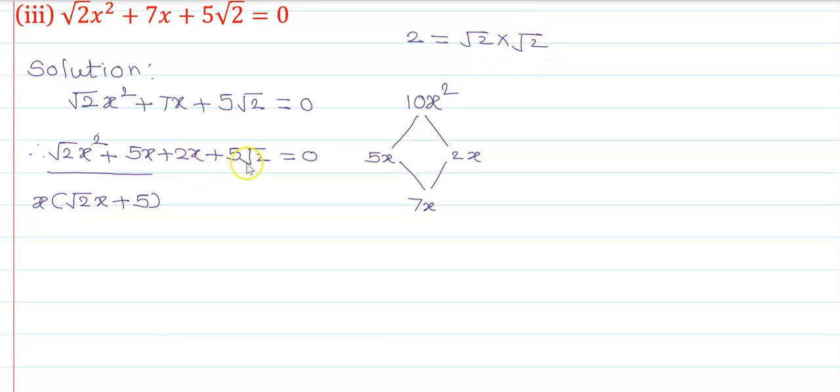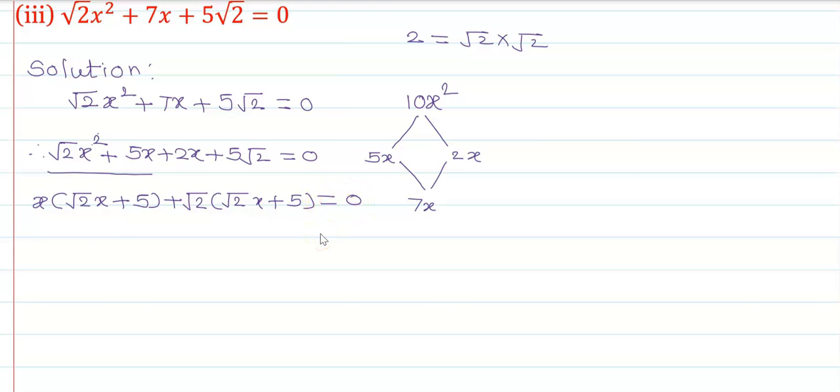And therefore, from these two, we take root 2 as common. If we take one root 2 from here and one root 2 here, then this 2 means root 2 into root 2, one root 2 common, so here you will get root 2 x plus 5, because root 2 is common and the remaining term is 5.